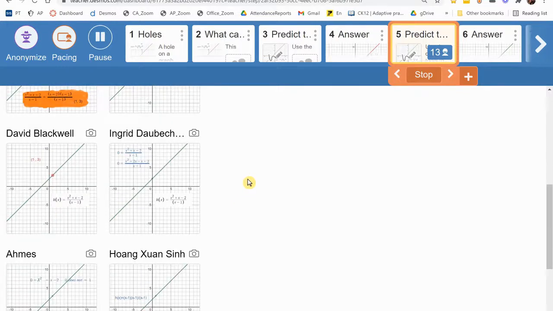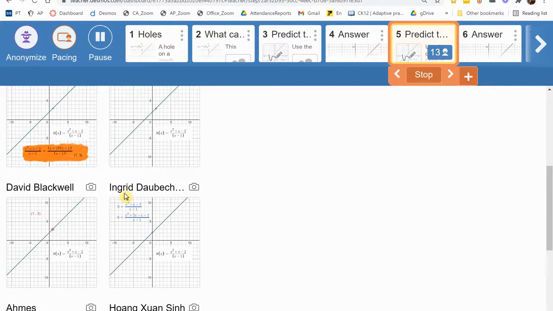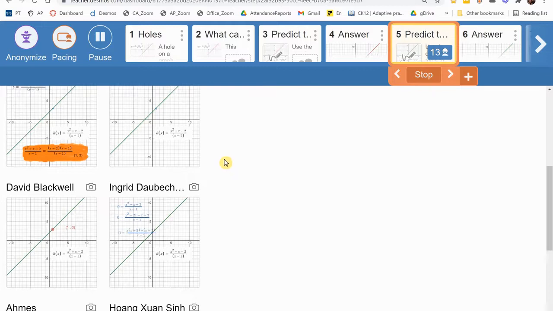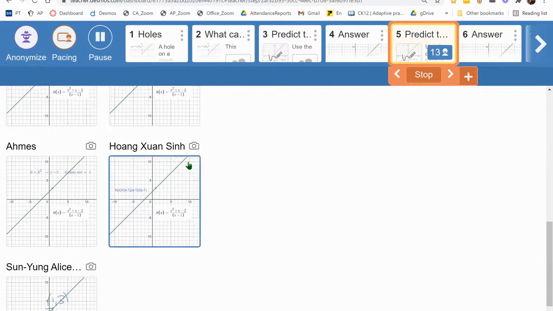And the only other thing is, when you are justifying this stuff with the math, make sure you're showing me the fully factored form. I'm going to go ahead and grab a screenshot here of a couple of folks just to show a couple of different ways to approach this, and we'll take a look at them together.